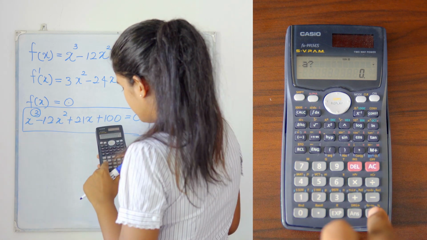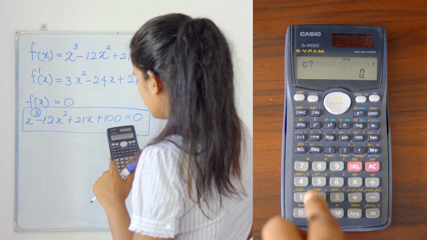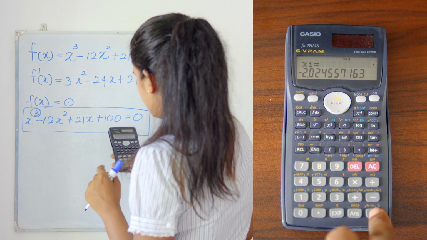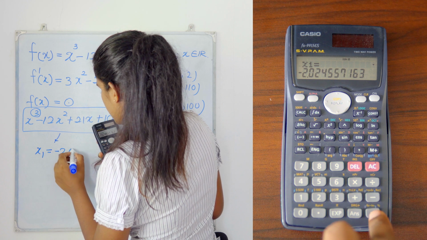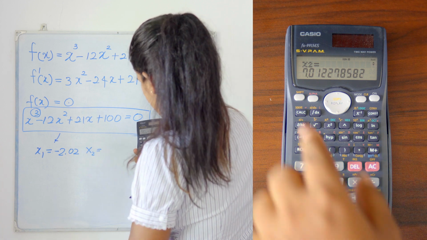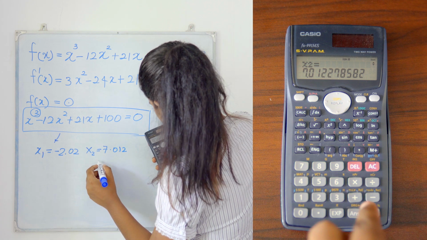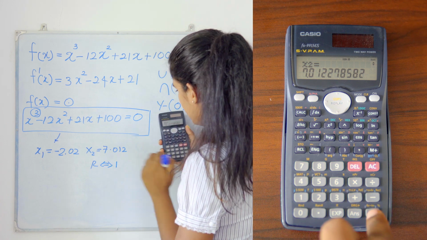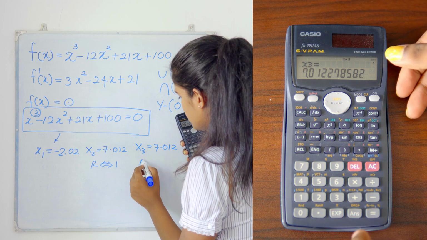For A, put 1. For B, put minus 12. For C, 21. For D, 100. Okay, you get the answer. x1 is minus 2.02, x2 is 7.12 with some sign like this, R. x3 is 7.12, and there is also this sign.